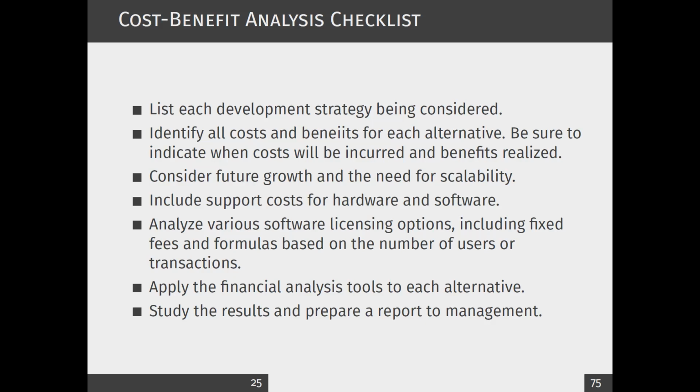You have to include support costs and various licensing options. So for example, in some places you can make a license per month or annually. So you can check on the various options you have. And then you use financial analysis tools, study the outcome, and then you report to the management.